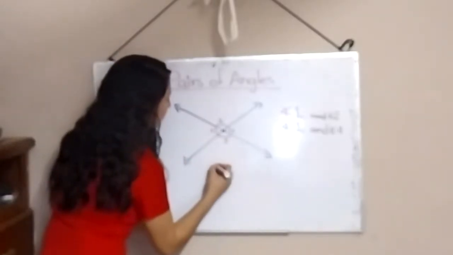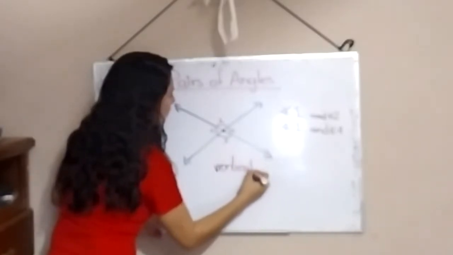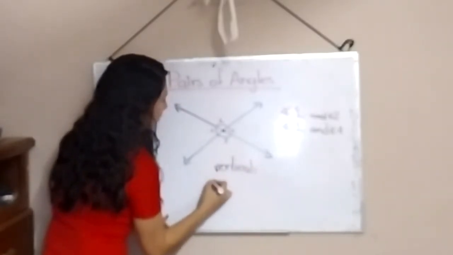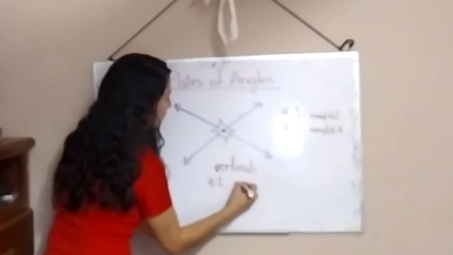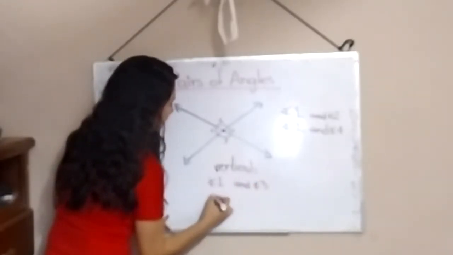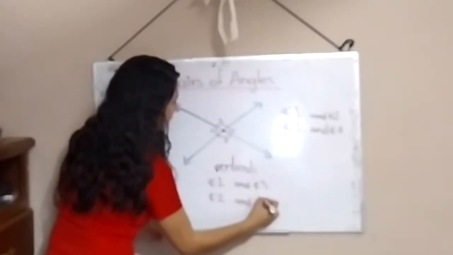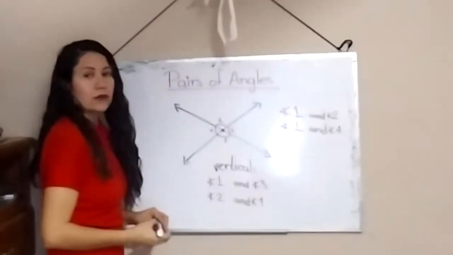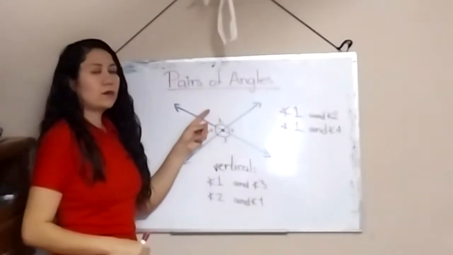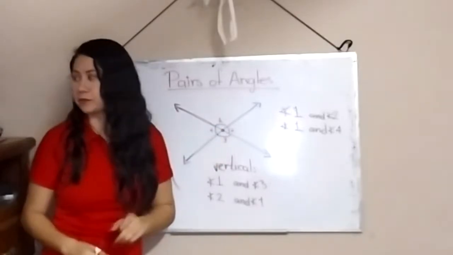The vertical angles are angle 1 and 3, and angle 2 and angle 4. Okay? Angle 1 is vertical to 3, angle 4 is vertical to 2.